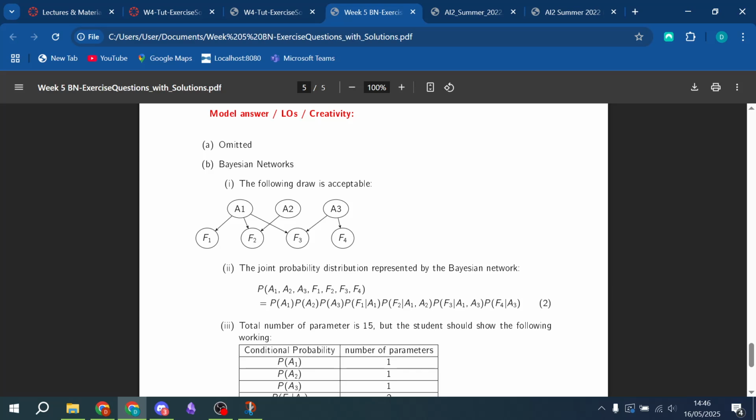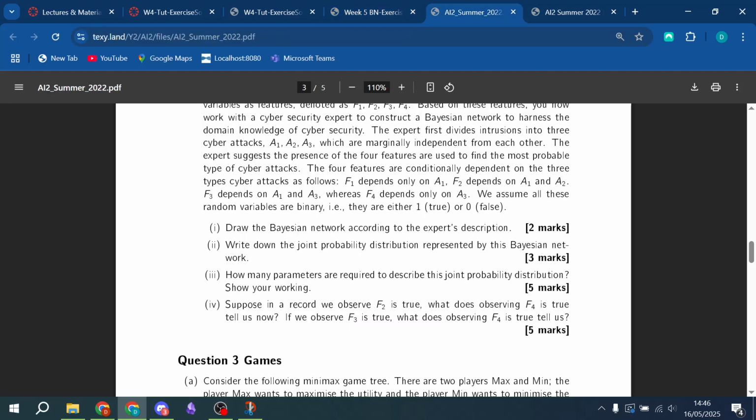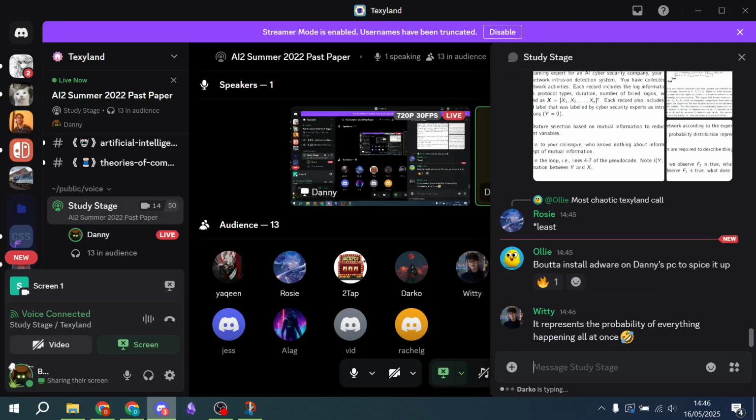That's fine. No, you don't just multiply the node. You do a conditional on its parents, because it can only happen given that its parents have happened. And then you multiply all of them for each node, and it gives you this. No more questions, right?